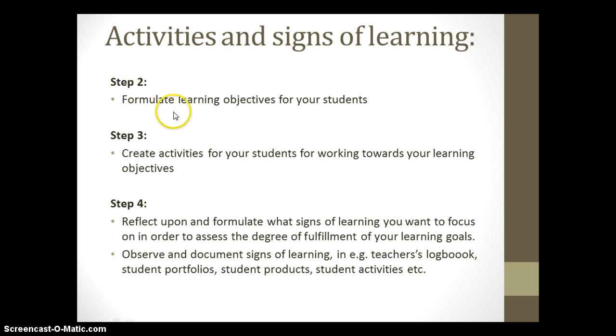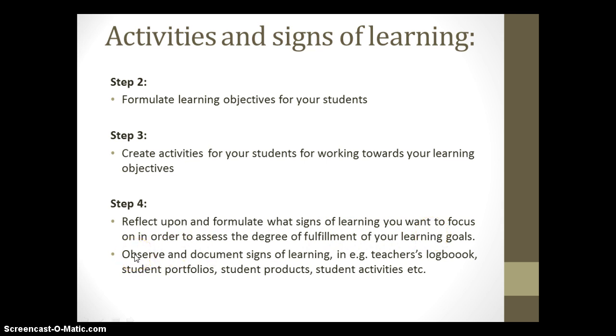Step 2 is to actually formulate these learning objectives. Step 3, to create activities for your students, working towards your learning objectives, facilitating that they actually reach the learning objectives you set up for this teaching sequence or teaching course. Step 4 is to reflect upon and formulate what signs of learning you want to focus on in order to assess the degree of fulfillment of your learning goals.